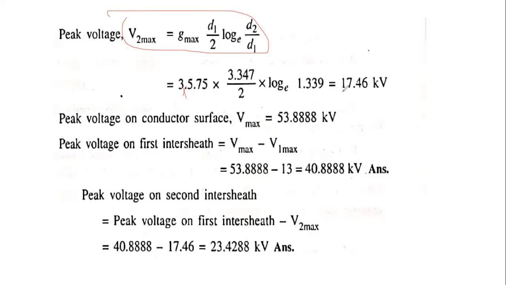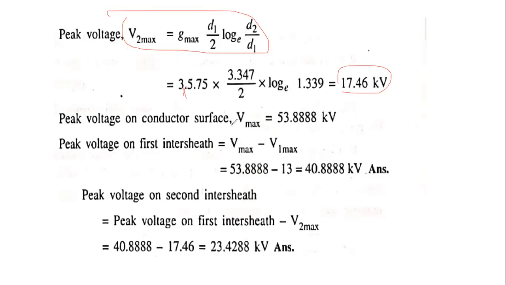Then we obtain V2 max is equal to 17.46 kilovolts. Next we calculate the peak voltage on the conductor surface.